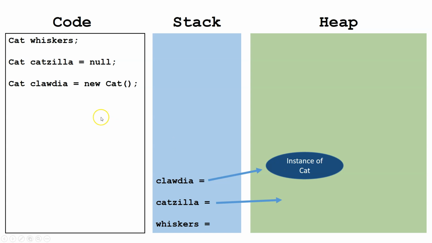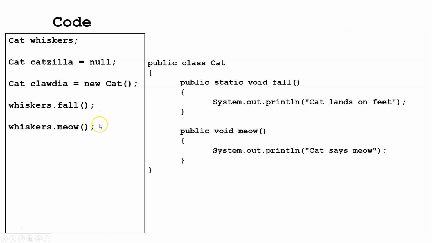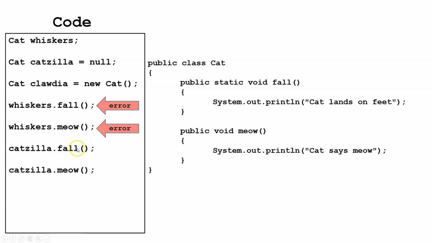Let's see what happens when we try to call methods from these variables. First, we try to call fall and meow from whiskers. This won't work because whiskers is not initialized at all, so we can't call any method either static or non-static. Next, we're going to try to call fall and meow from catzilla. Catzilla is initialized to null.